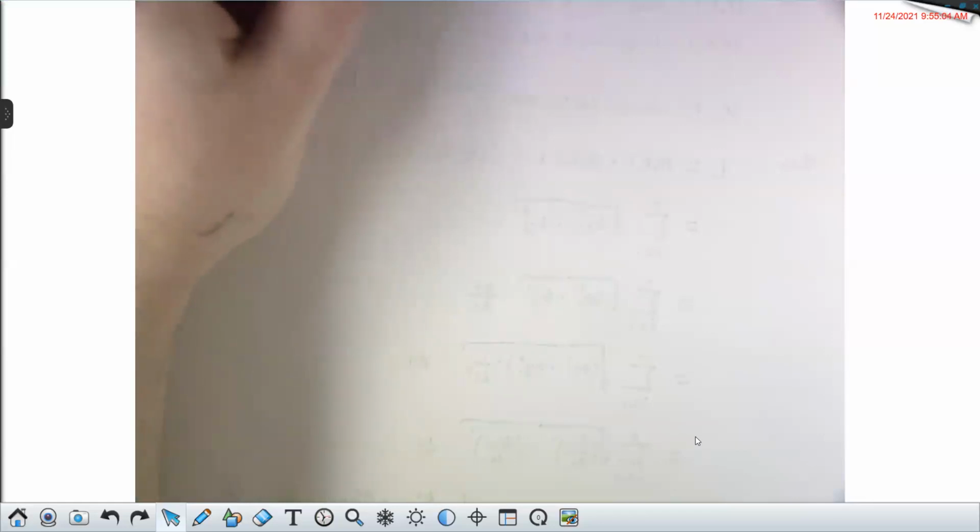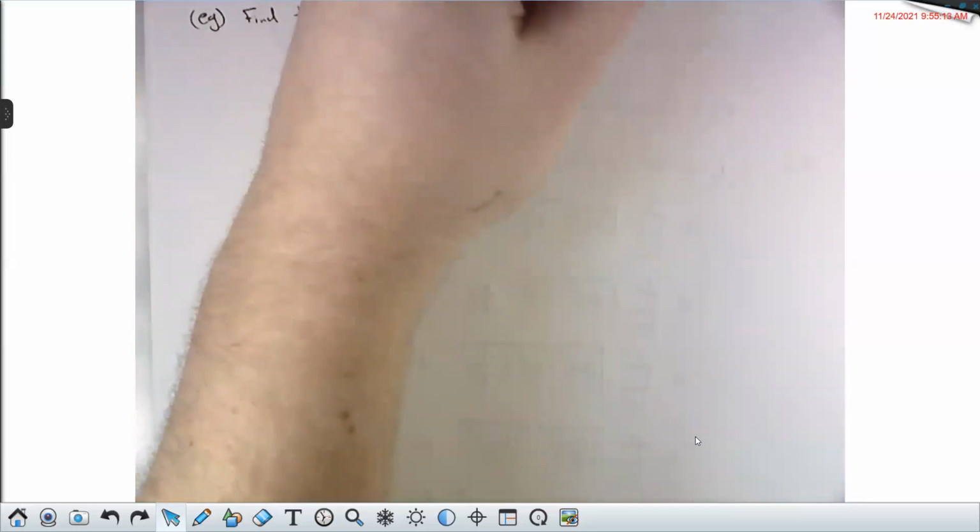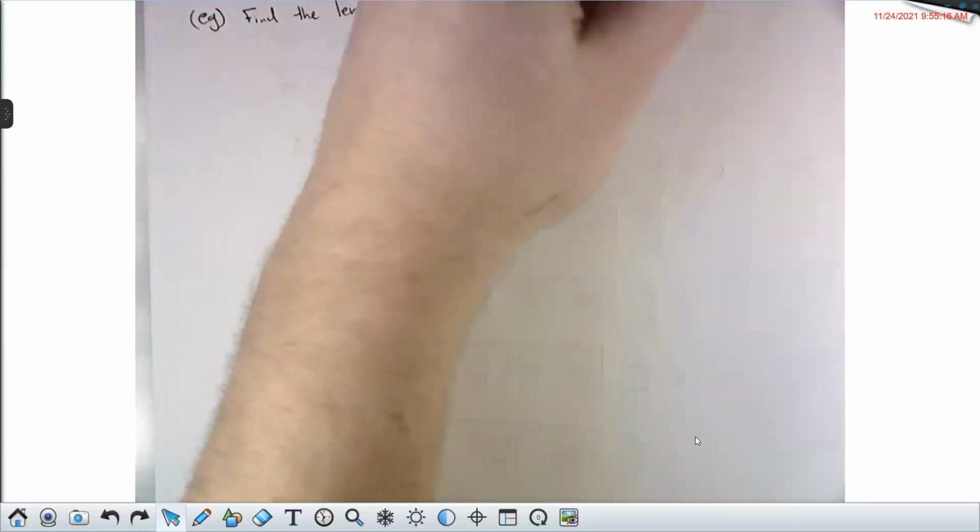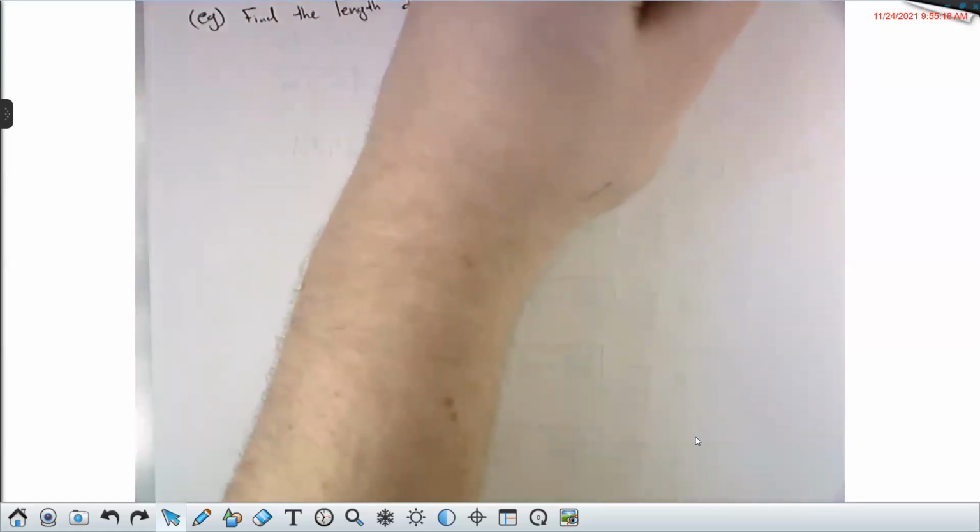So let's find the length of the curve x of t equals cos t, y of t equals sine t, where t runs from 0 to 2 pi.